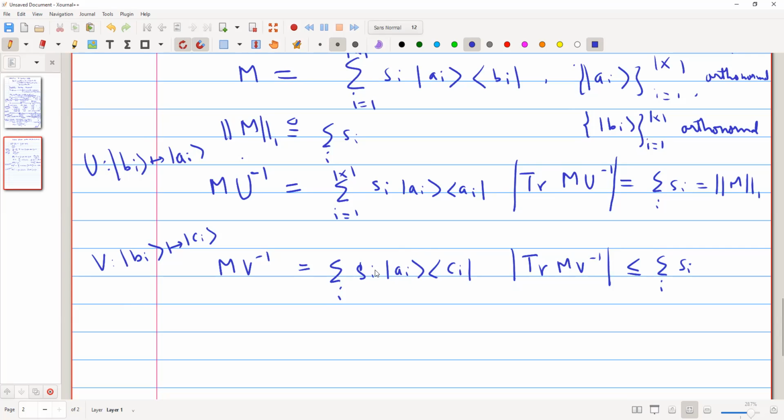This is the singular value decomposition of M V inverse. So the A's are the left singular vectors, the C's are the right singular vectors. So far so good. But now if I try to find the trace, you just look at the diagonal elements in some basis. I choose to find the diagonal elements in the A_1, A_2, A_3 basis. So what am I trying to say? I'm just trying to say this is the sum over j.